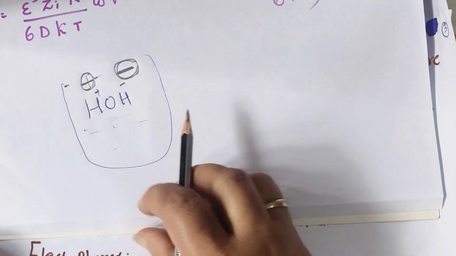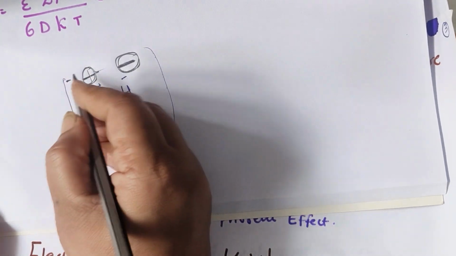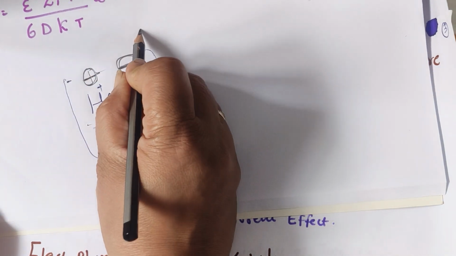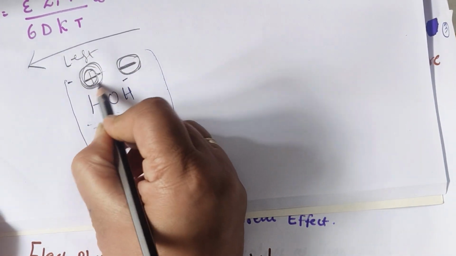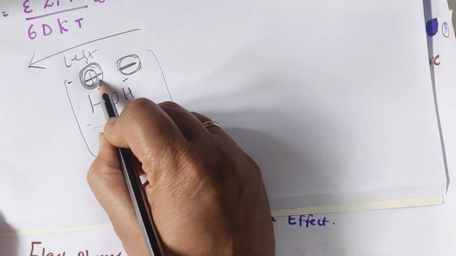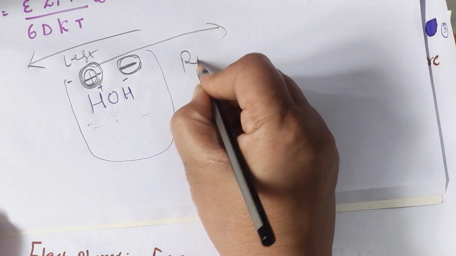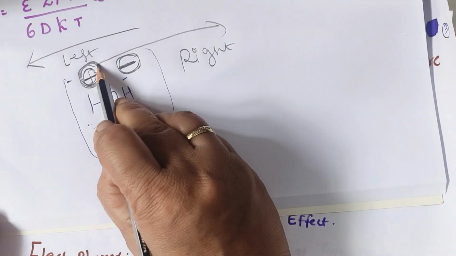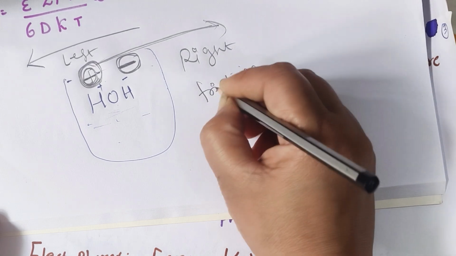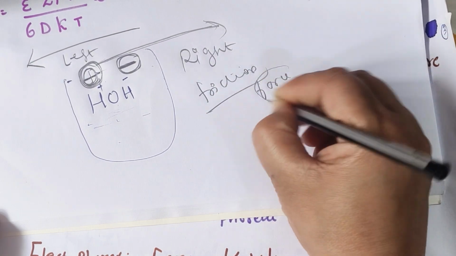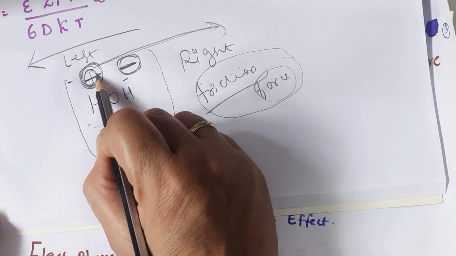Suppose our solvent is moving towards the left side, and the ions of the strong electrolyte are moving towards the right side. When they oppose each other, a friction force is applied, and because of this friction the velocity of our ions gets decreased.